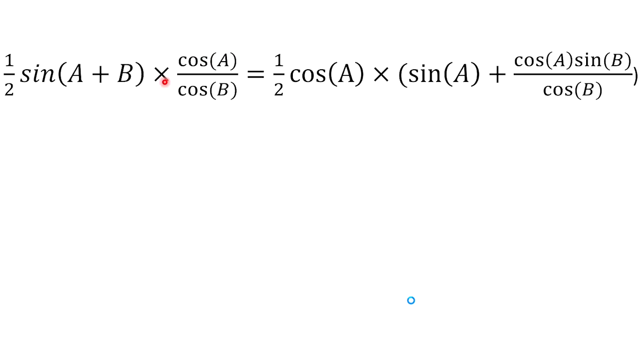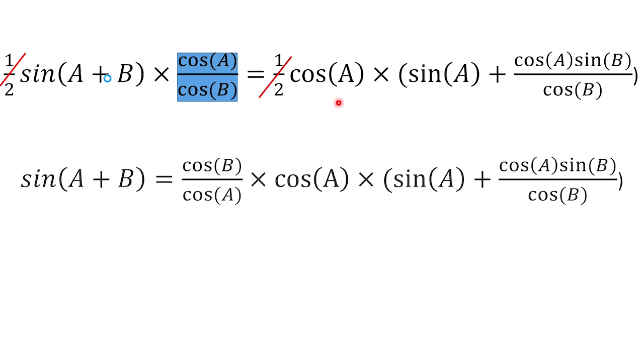So basically we have the constant 1/2, and we can cancel it out. Because we want to compute sine A plus B, we need to move this to the right hand side and flip it over. When you flip it over, now you have cosine B up and cosine A down here, so you can cancel this cosine A out.